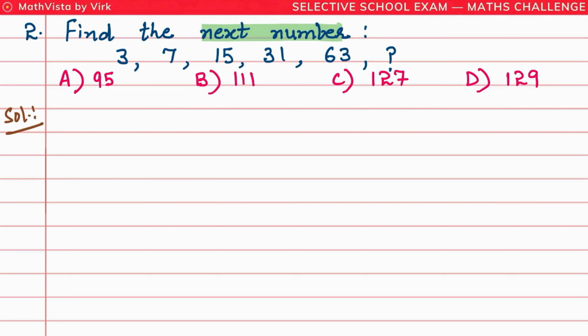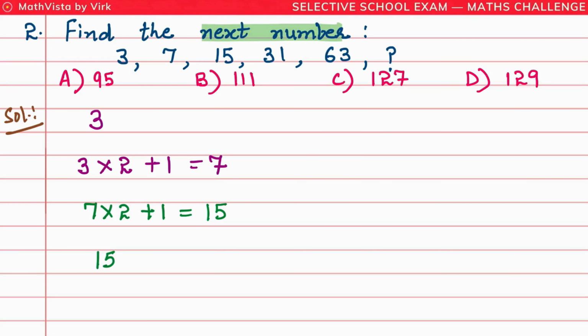We need to understand the pattern actually. The first number is 3, and if I multiply 3 by 2, that is 6, and adding 1 we get 7. Now, 7 is our next number. So, multiply 7 by 2 and add 1, we get 15. That is again the next number.